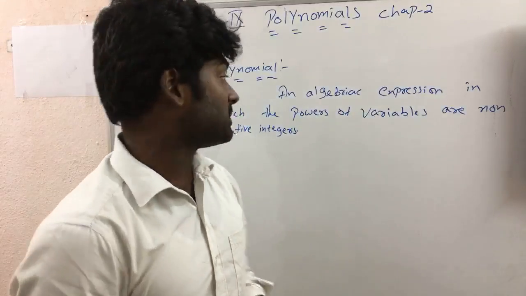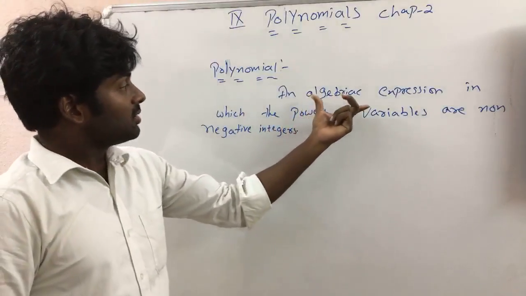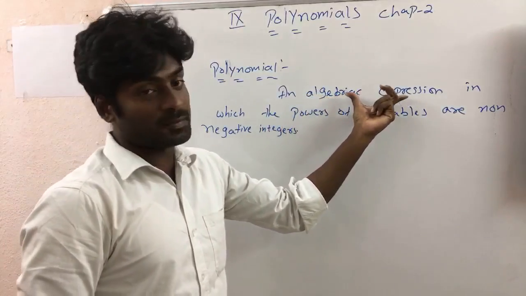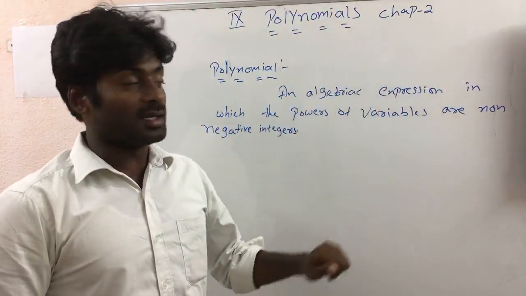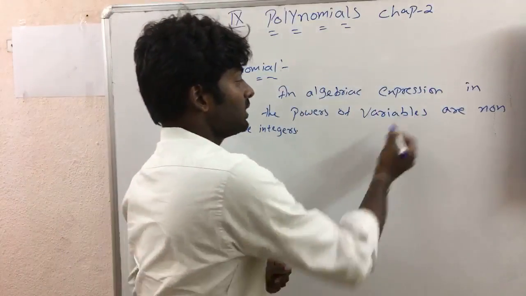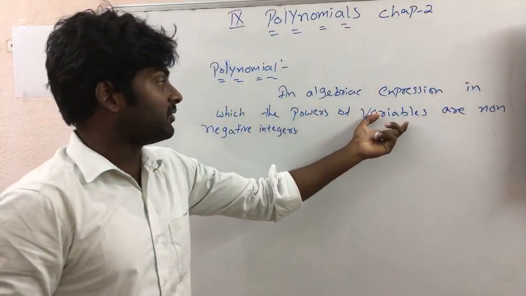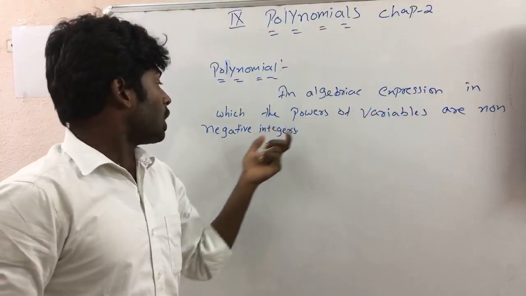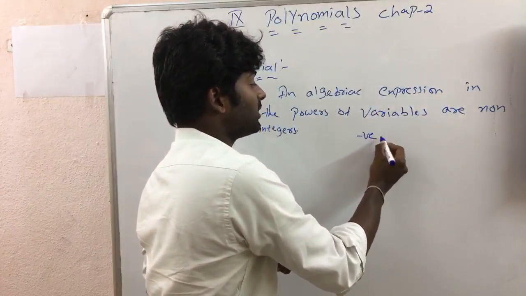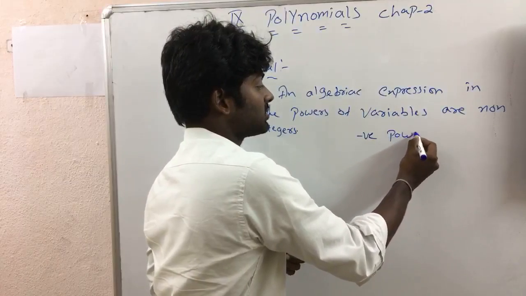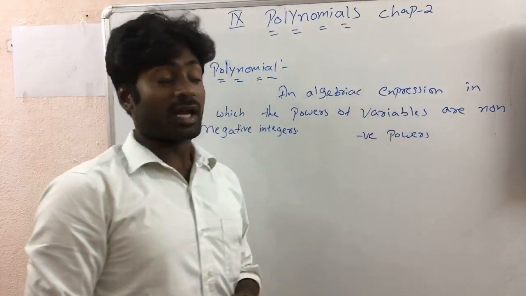It's an algebraic expression, but we have a condition here. Listen carefully, it is an algebraic expression, that means the combination of variables and constants. But the powers of variables must be non-negative integers. That means we should not have negative powers, and moreover integers.